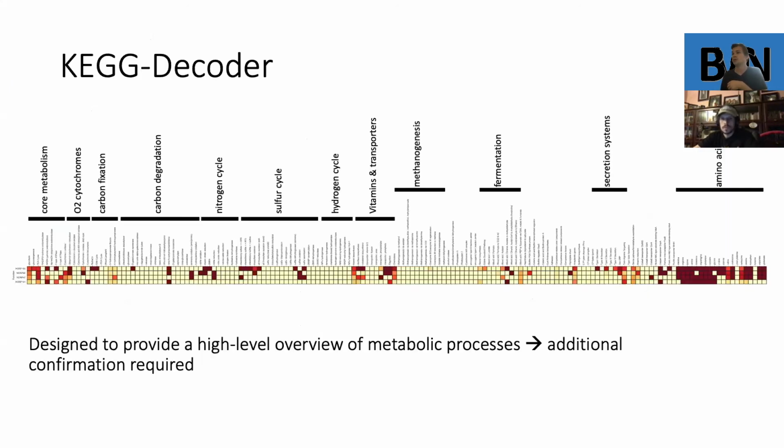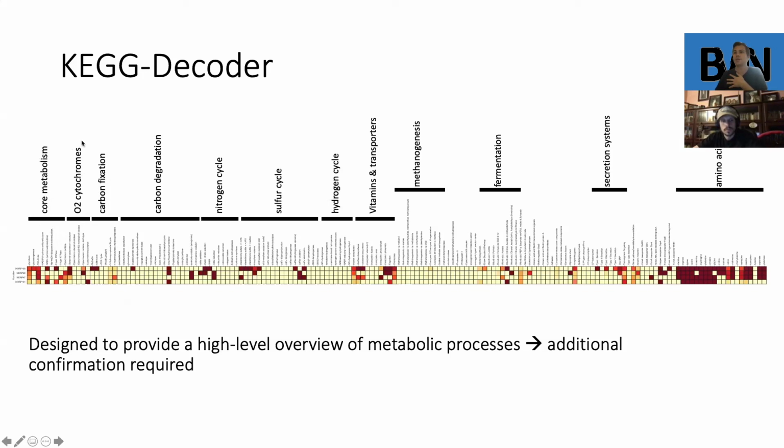And so KEGG Decoder does a lot at once and somewhat simplifies some pretty complex pathways. And it's broken down into some very basic organization to allow, once you get used to what the KEGG Decoder output looks like, an idea of what might be present or not present. So on this side, we have core metabolism like glycolysis, the types of oxidoreductases you might have, the types of ATPases you might have.